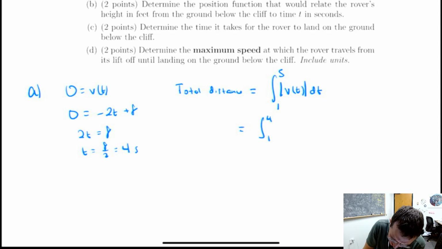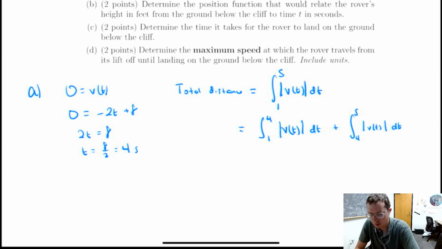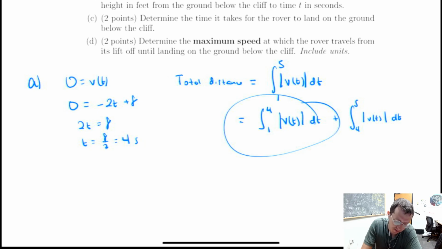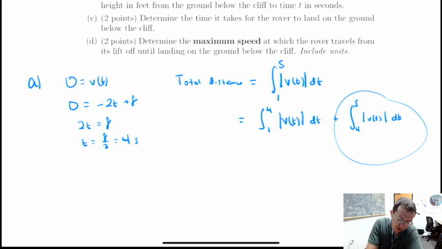But this is easiest to do if I split this into 2 integrals. So I'm going to think about how far it goes when it's moving up from time 1 to time 4, and then how far it goes when it's falling from time 4 to time 5.